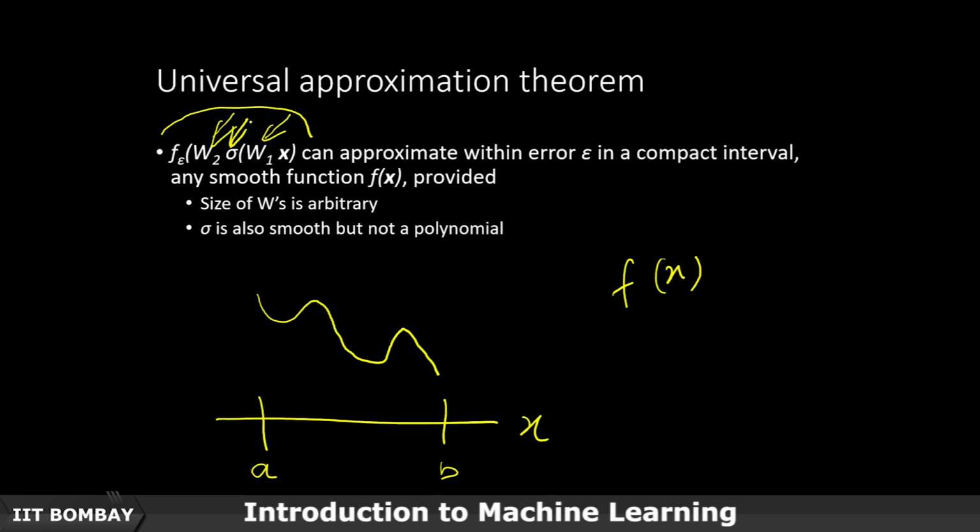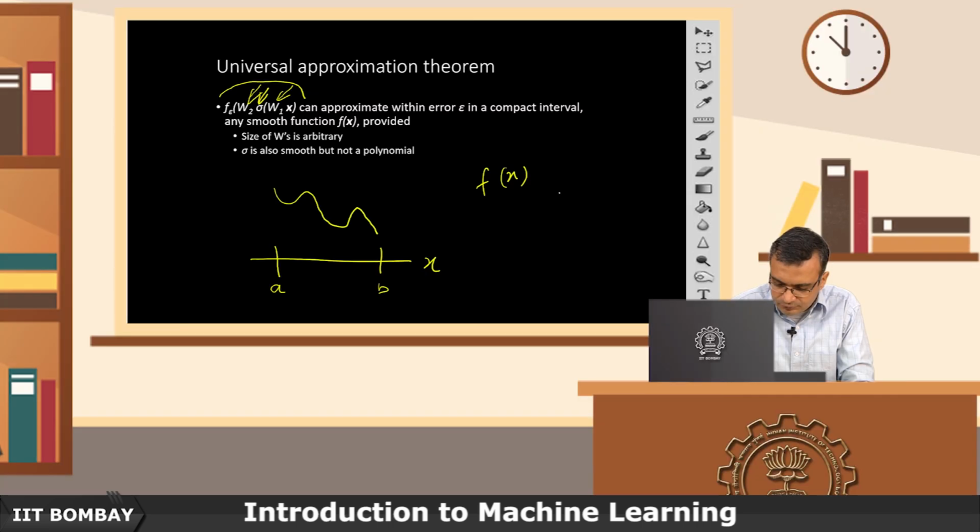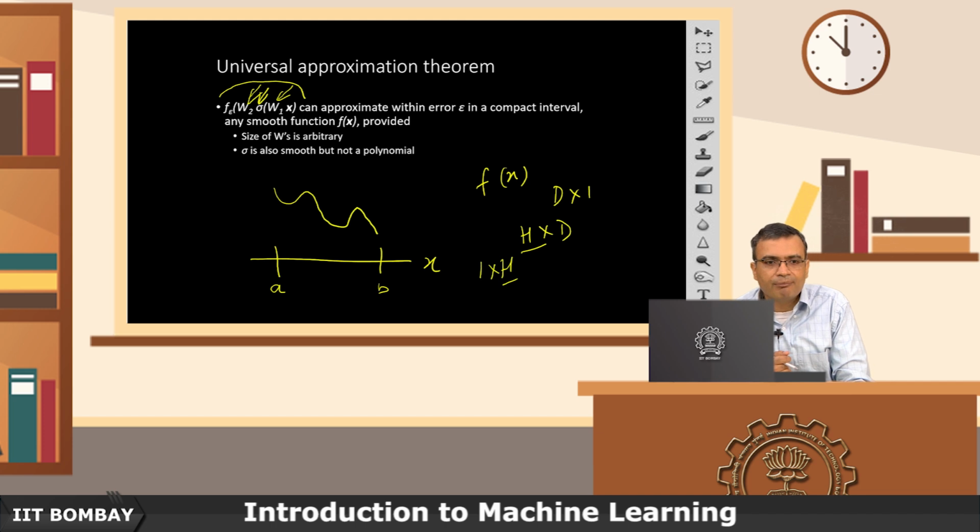So if x is of dimension, let us say, d cross 1, then W1 can be of dimension, let us say, h cross d, and your output let us say is 1, then W2 is going to be of dimension 1 cross h. So this h is my hyperparameter. So the number of hidden neurons in the first layer is my hyperparameter.